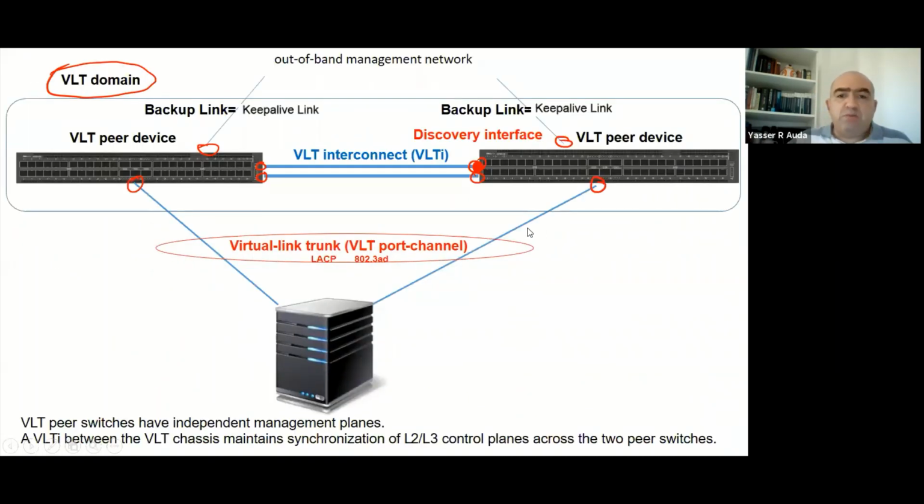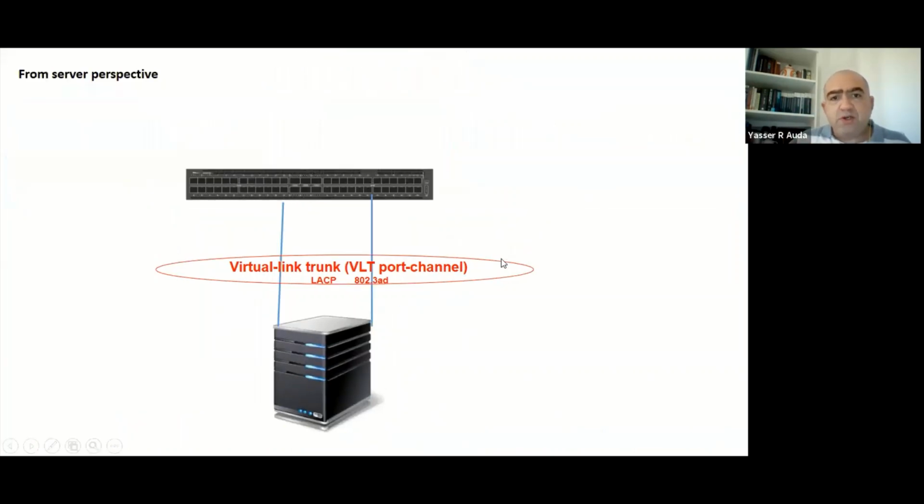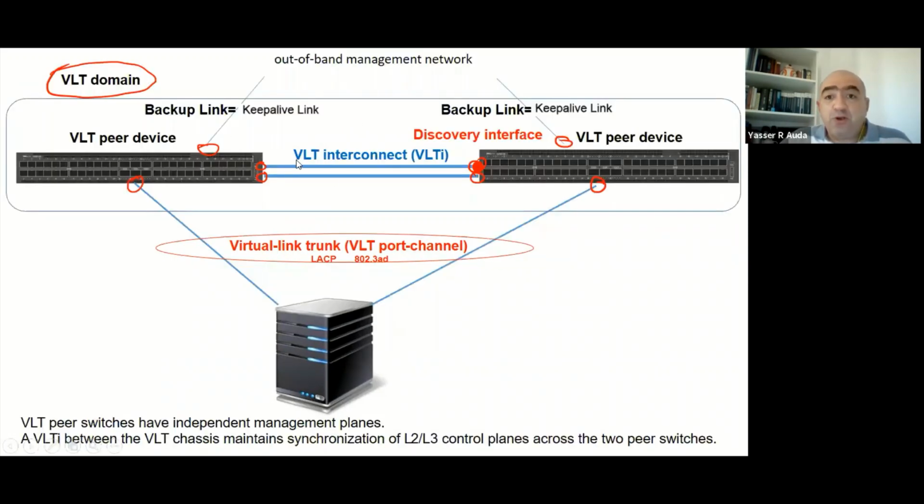What does this mean? It means simply that for this device here, let's say a server, it sees these two switches as one switch. And normally I need a MAC address to represent each switch, and we know that we physically have two switches in our topology here.